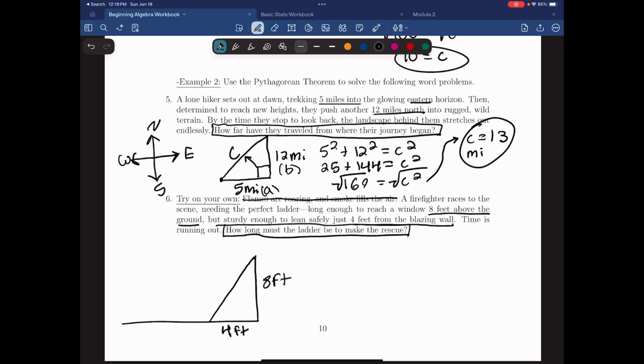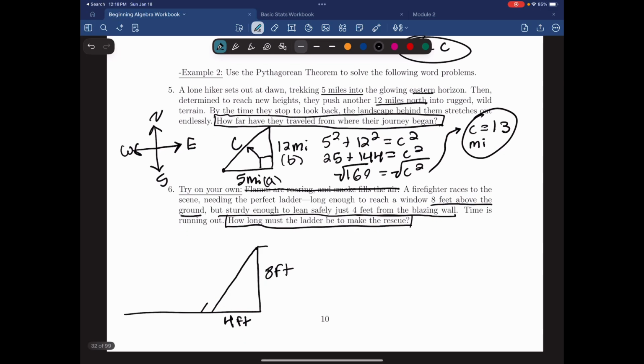So given that information, we know that the window to the house is right here, and we have our ladder right here. And the question asks, how long must this ladder be? Or how long does this ladder need to be to reach to the window?